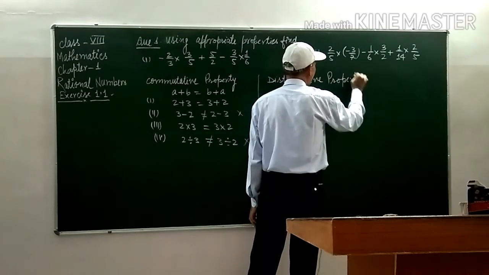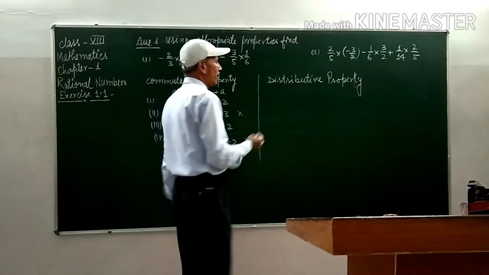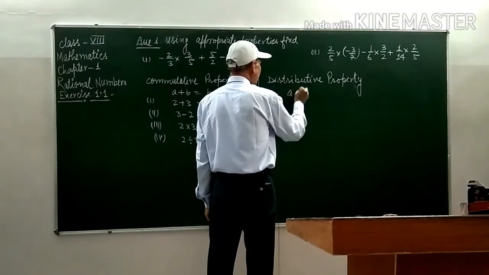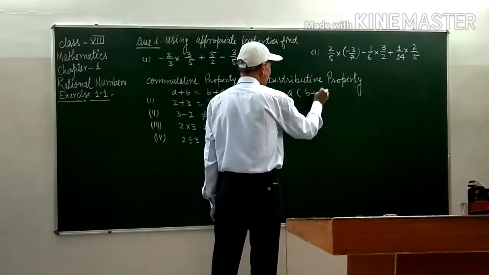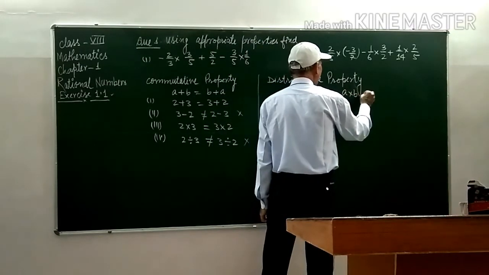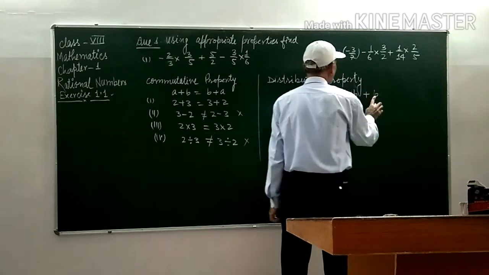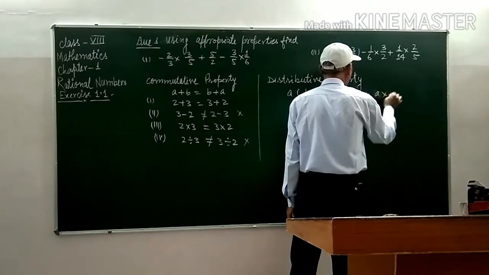Distributive property. Okay students, in the distributive property, a into (b plus c) is equal to a into b plus a into c.